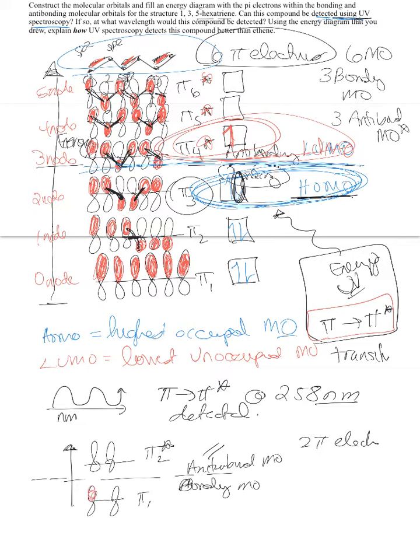Now we fill out, this would have 0 nodes because it would be the lowest energy, and this would have 1 node. So it'd cross over there. So that would be 1 node. Okay, so when you put your electrons in, put our little boxes here, you have 2 pi electrons, and they both go here.